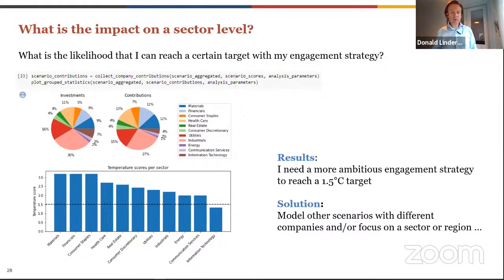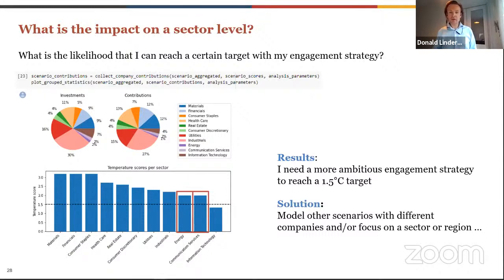But we can also look at this from a sector basis here, and we can see we've actually reduced the temperature score for the energy sector and the communication services sector from around 3 to now around 2 degrees, which is obviously a great start. So our engagement seems to be having a good effect on our portfolio and hopefully on the client as well.